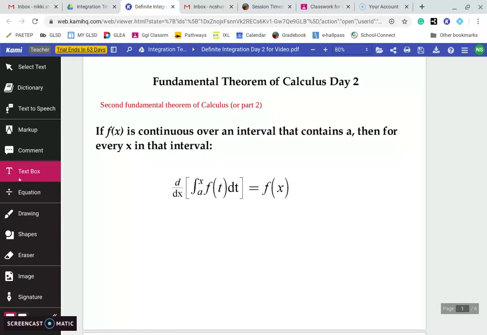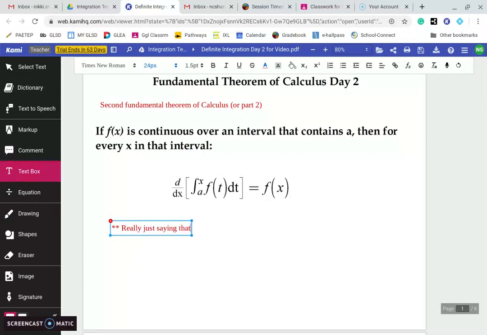So it's really just saying that the antiderivative and derivative are inverses of each other.